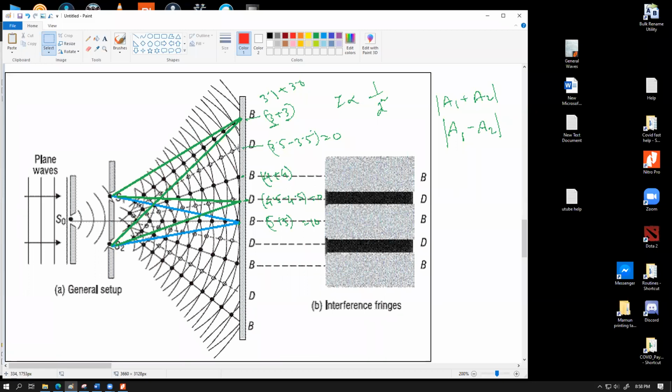So they will usually do perfectly destructive unless the two slits have unequal width. If the two slits are identical, then their individual amplitudes at any point are going to be nearly equal.